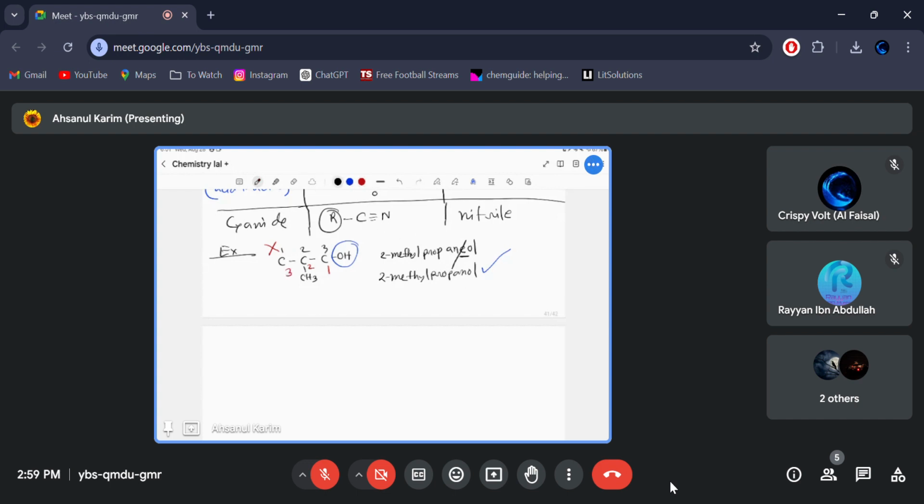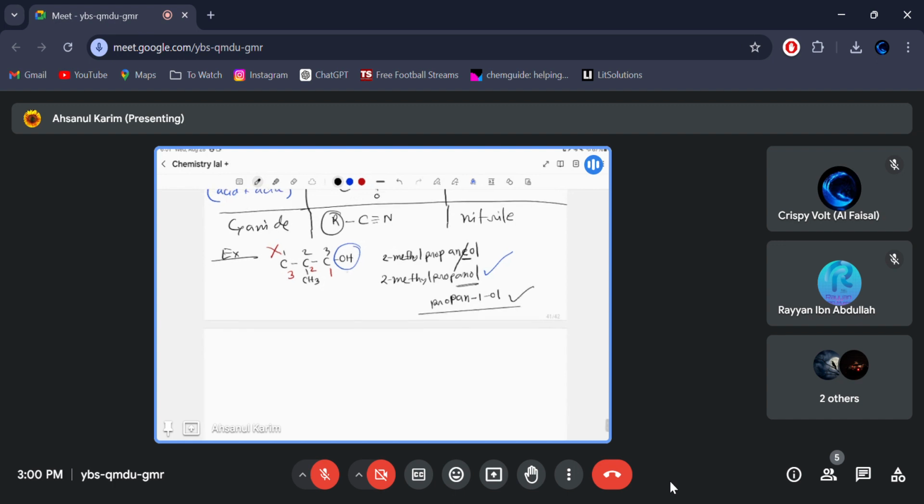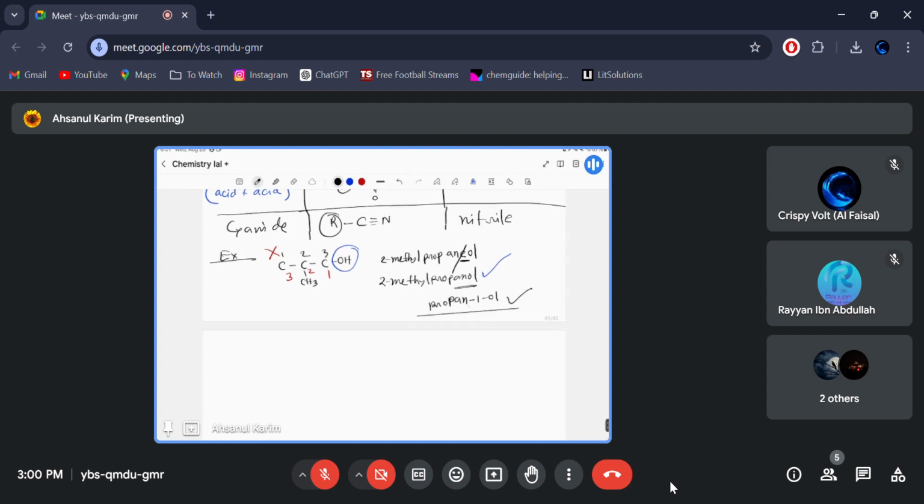And one more important thing, is there any problem writing propan-1-ol? No, there is no issue. It is also correct, but we normally write it the other way. Remember these 2 points. The functional group or the secondary suffix has the highest priority. Clear? And there is no problem writing it this way. It is also correct. Understandable? No issues.